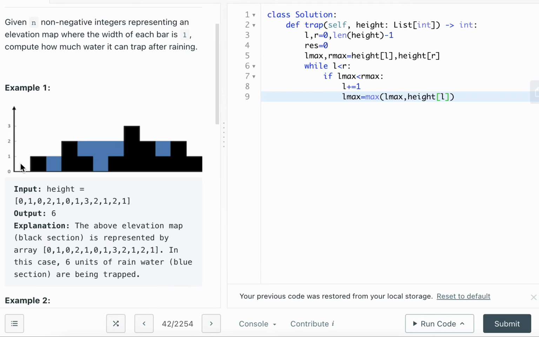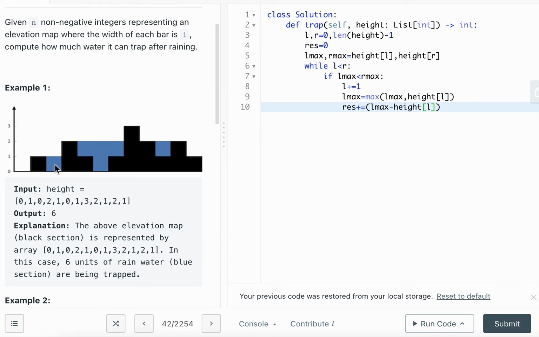When I move the pointer to this guy, left max becomes 1, whereas originally it was 0. When I calculate the result, I add left max minus the height.